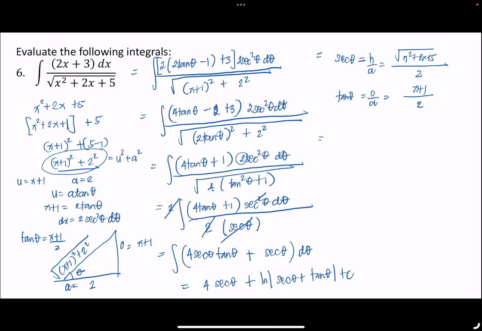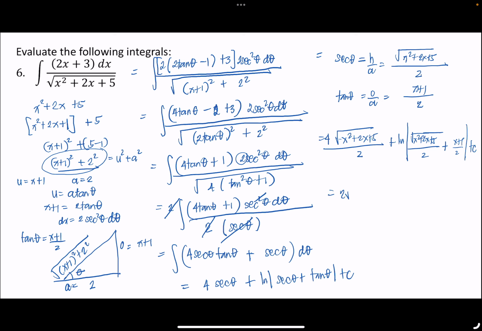So we now have 4 times the square root of x squared plus 2x plus 5 over 2, plus ln of secant, which is the square root of x squared plus 2x plus 5 over 2, plus tangent theta, x plus 1 over 2, plus c.